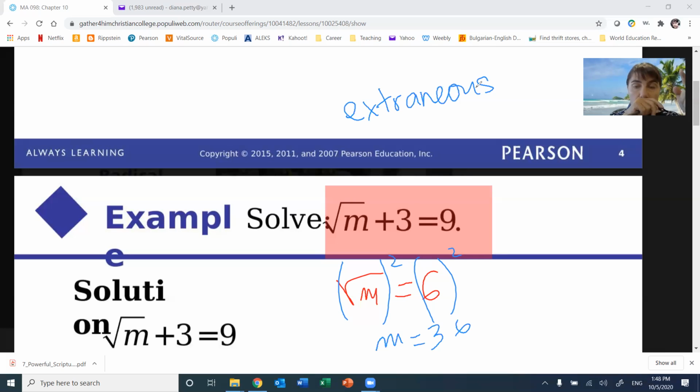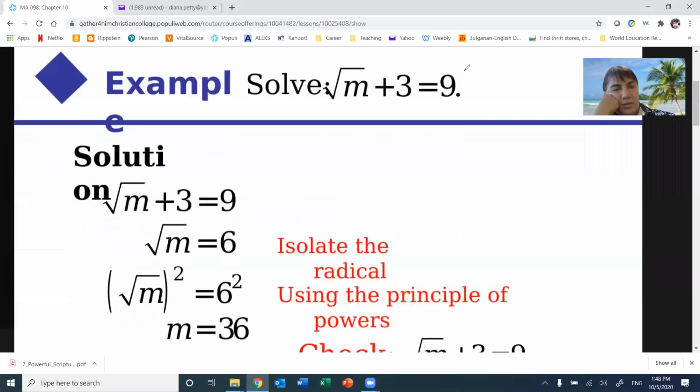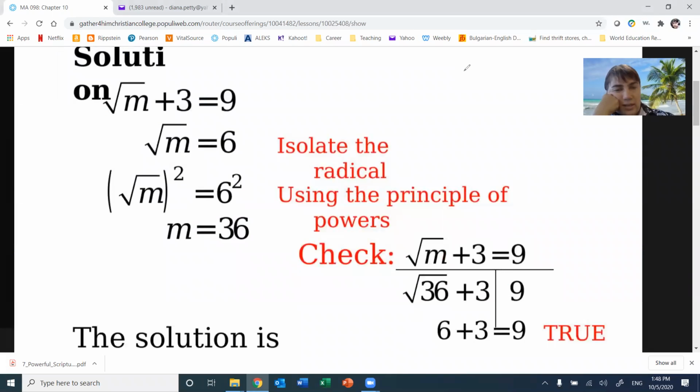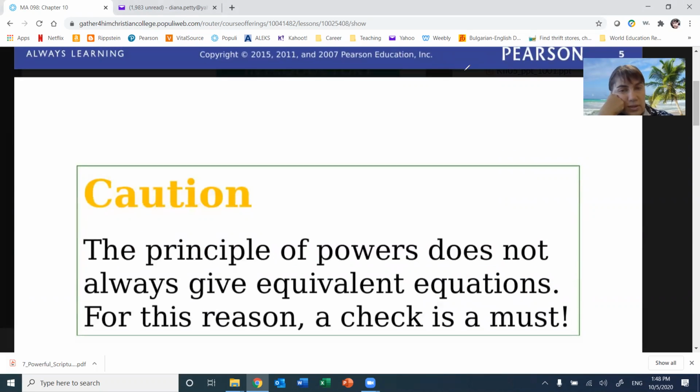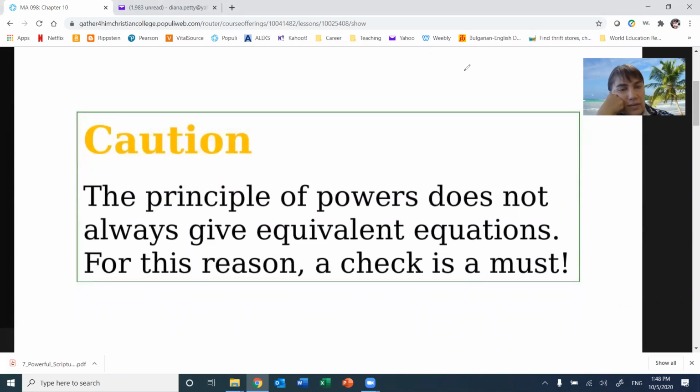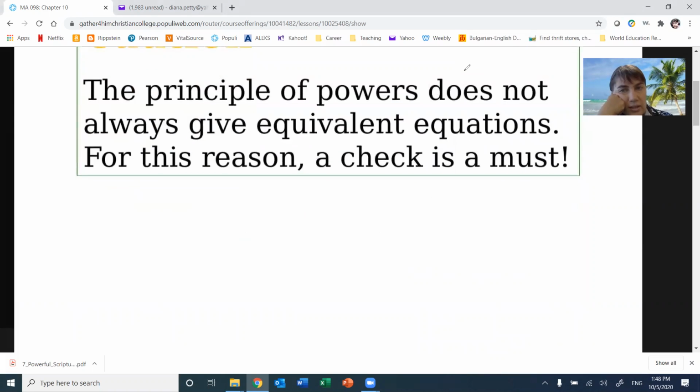So you have to check your answer. Here it's easy. 36, I go back and put 36 here. 6 plus 3 is 9. So this checks. But sometimes it doesn't, so we have to check. Caution: squaring does not always give an equivalent equation. A check is a must.